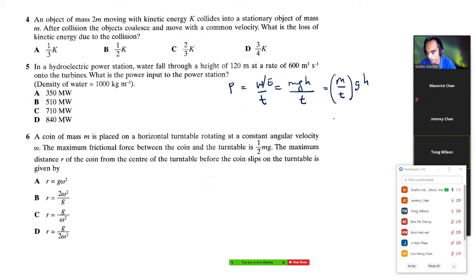So you have 600 times 10 to the power 3 times g 9.81 times 120 watts.